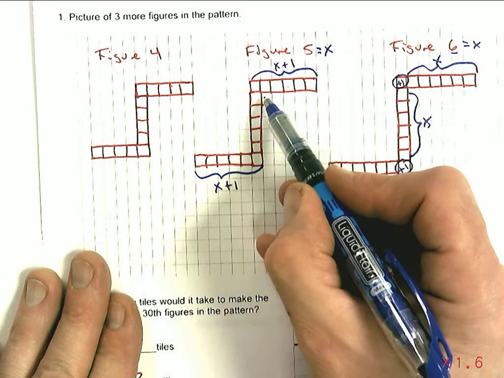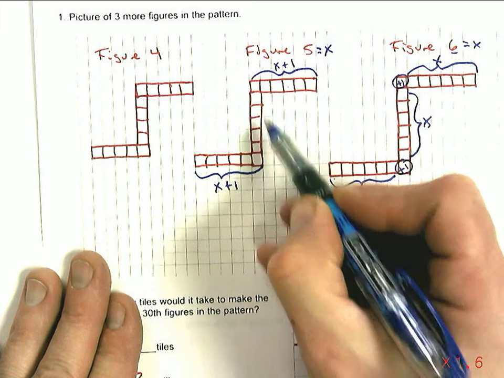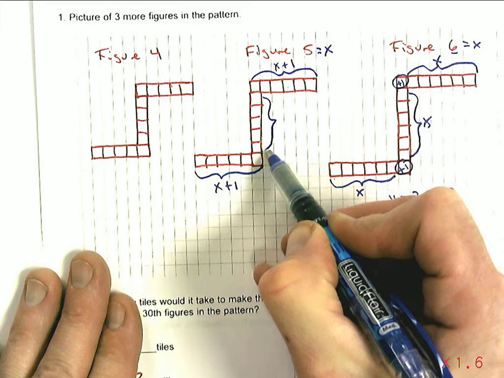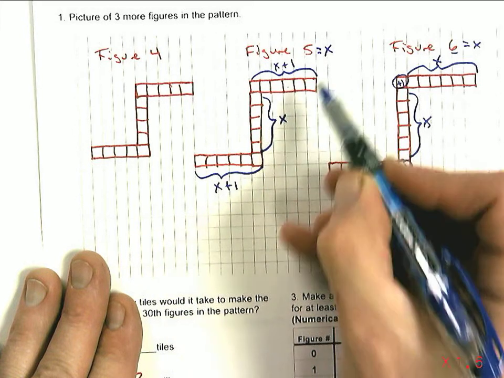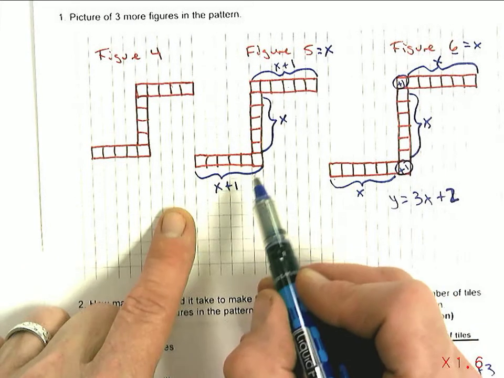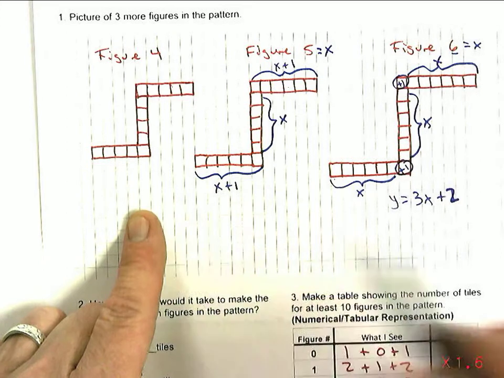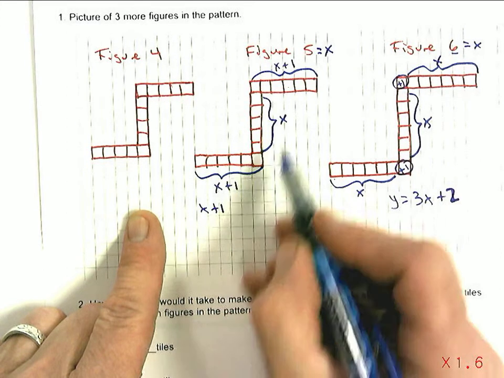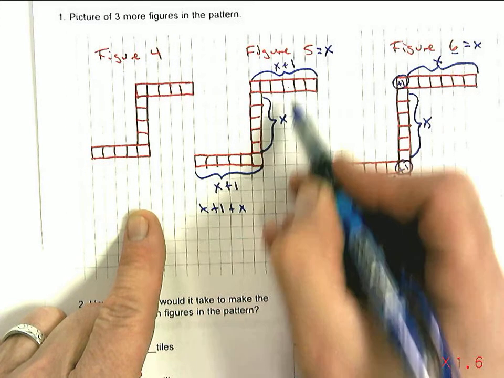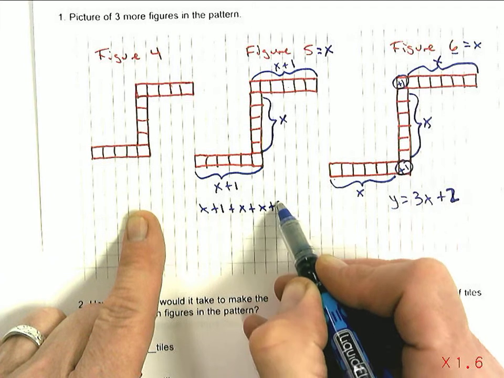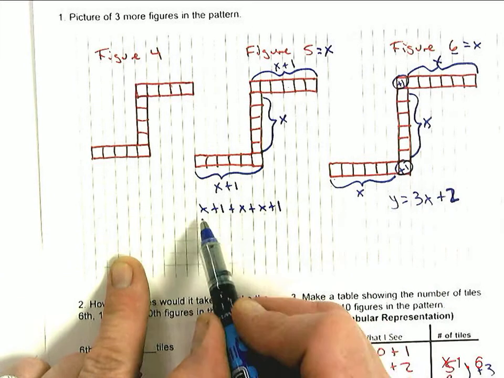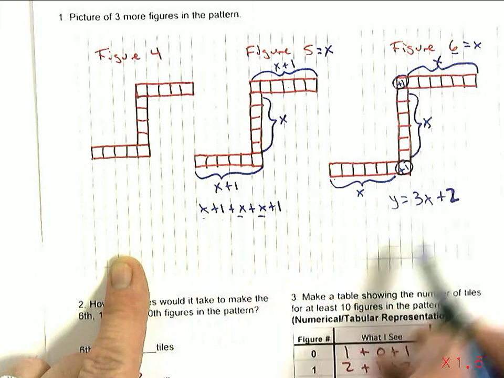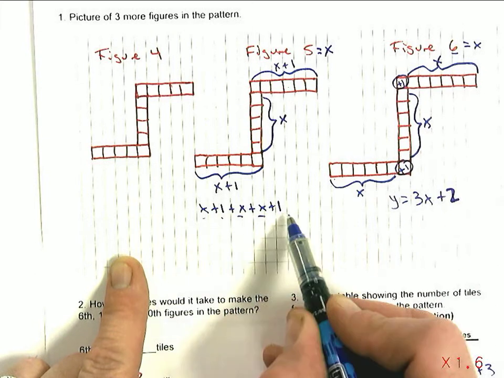And in the center, I have 1, 2, 3, 4, 5. And so there, in the center, that's the same as the figure number. So what do I have? I have x plus 1 plus x plus 1, which is 1, 2, 3 x's plus 2.